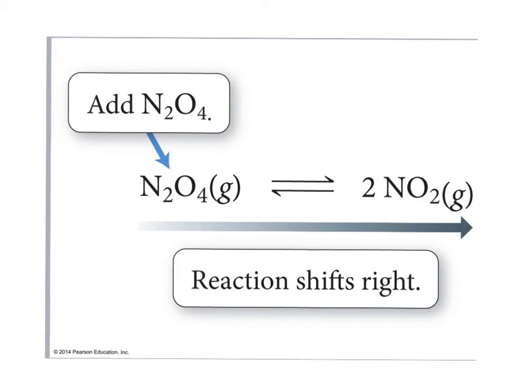Stands to reason then, if you do it from the other direction, if you add more reactant, then again it's going to have to shift to the right, and we're going to reestablish that equilibrium.